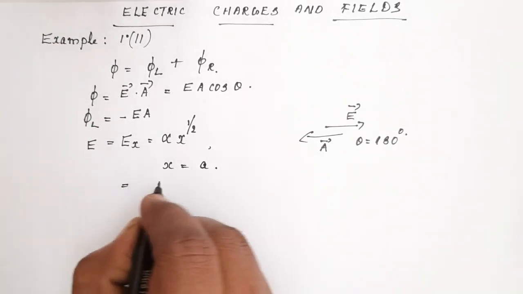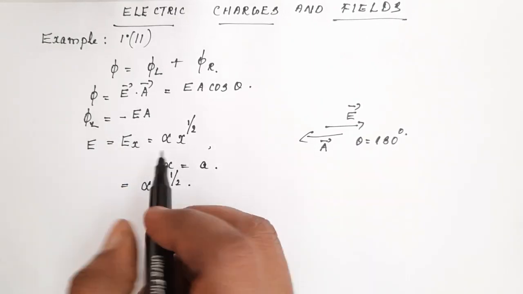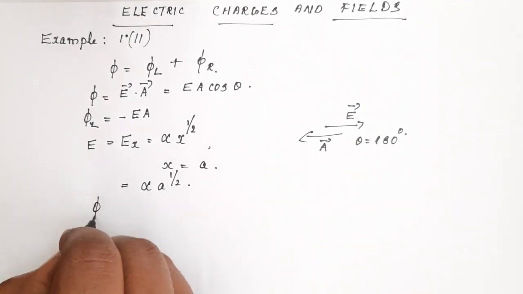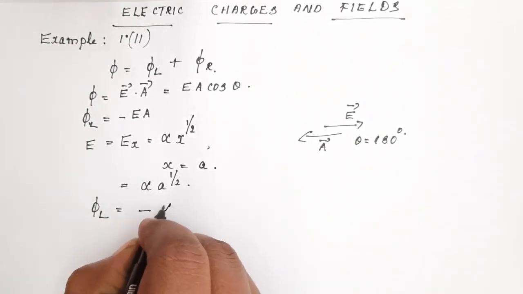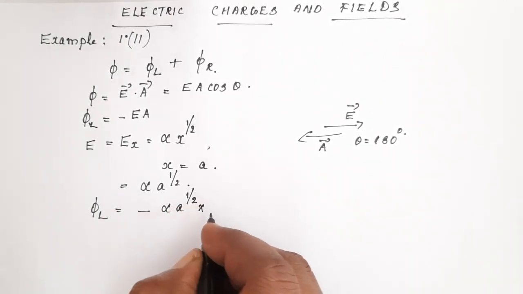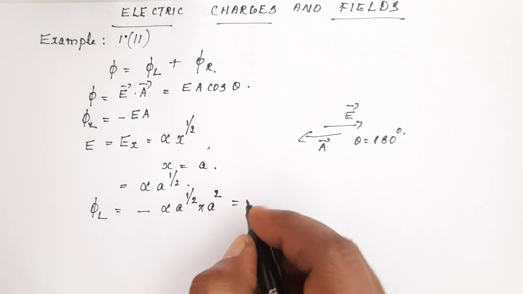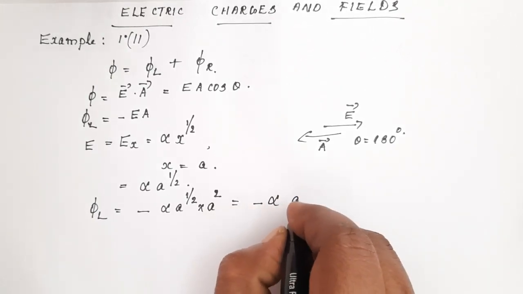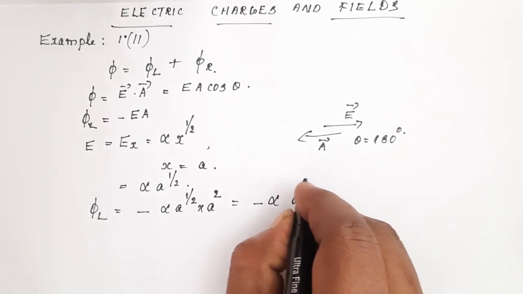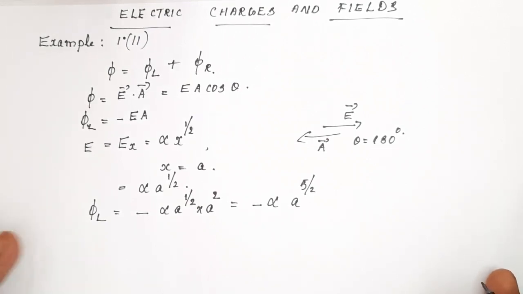So Ex becomes alpha a raised to 1 by 2. So phi L becomes minus alpha a raised to 1 by 2 into the area. The area of the face is a square. So it becomes minus alpha a raised to 1 by 2 plus 2, that is 5 by 2. So minus alpha a raised to 5 by 2 will be the answer for phi L.